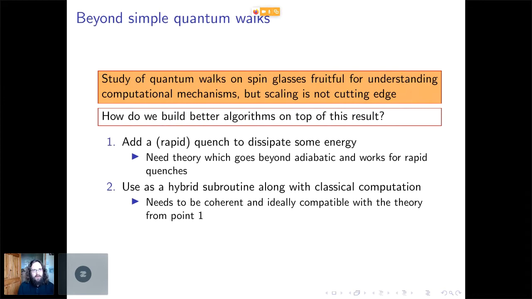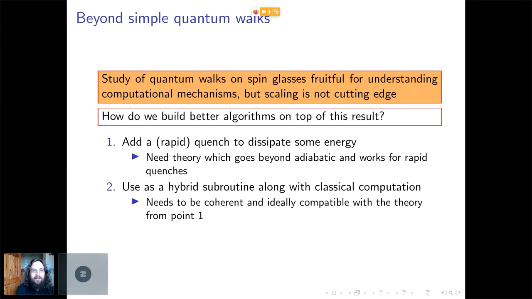Now that we've studied these quantum walks, these are fruitful for understanding computational mechanisms, but something I glossed over a bit is that the scaling of these is not actually significantly better than known classical algorithms. There's an algorithm called branch and bound that can give me basically the scaling I showed before. So it's interesting for understanding the physics and the mechanisms behind how these work. At least without doing something else, it's not that interesting as an actual algorithm.